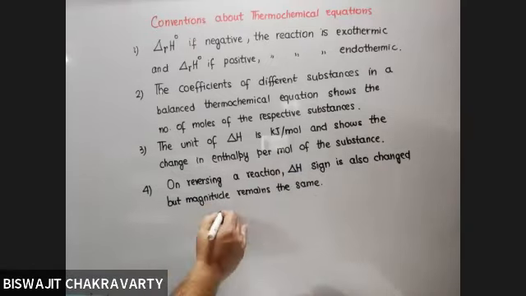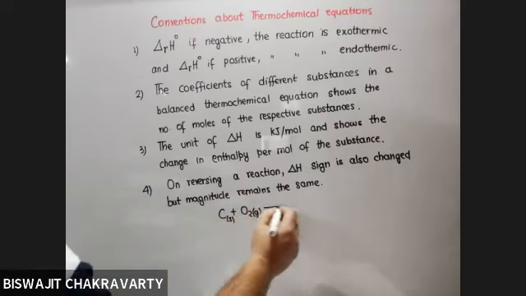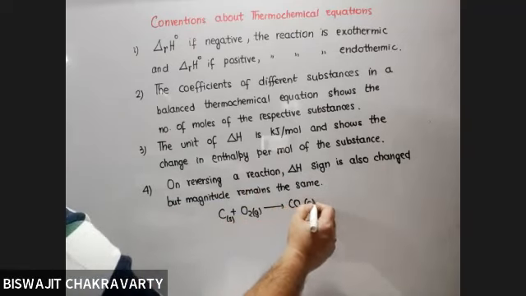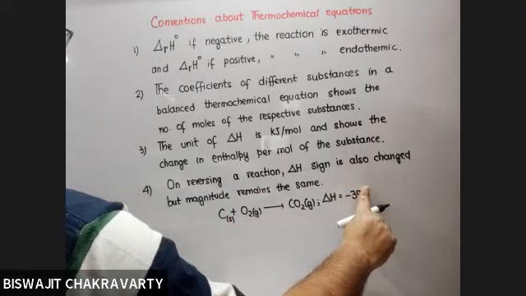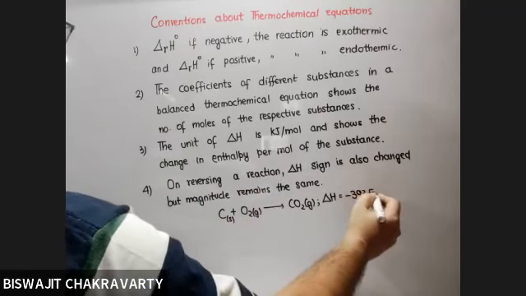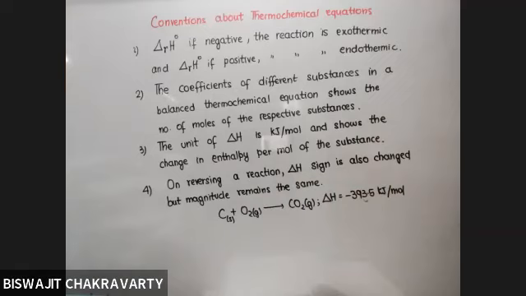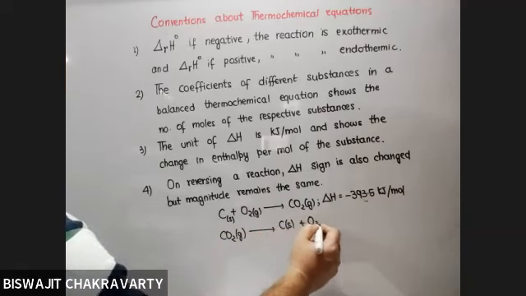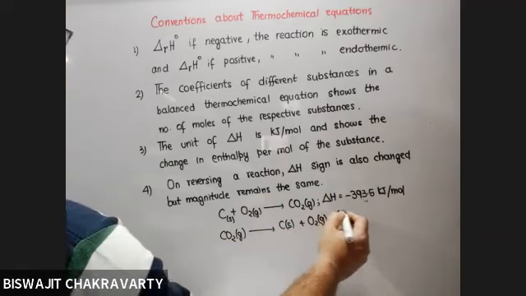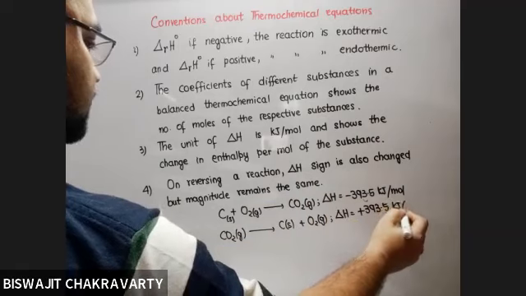Say for example, I told you that when carbon plus oxygen gives carbon dioxide, and during this process delta H is, say, minus 393.5 kilojoules per mole. If you reverse this reaction theoretically, so that carbon dioxide is written on the left hand side and carbon and oxygen are written on the right hand side, then the same delta H will be plus 393.5 kilojoules per mole.